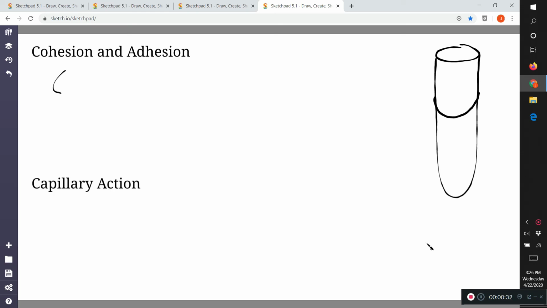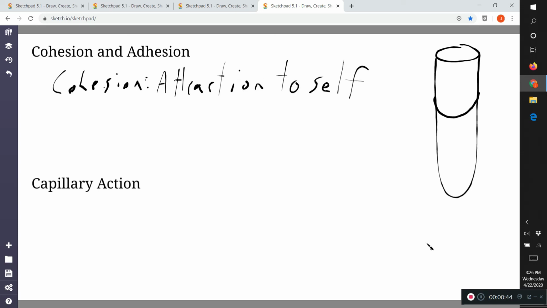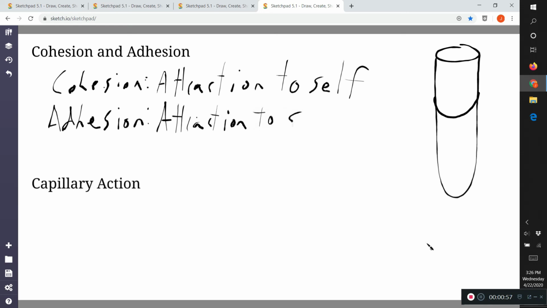So cohesion is kind of the attractive force to itself, attraction to self. So the cohesion of water would be the attraction of water molecules to other water molecules. Adhesion is the attraction to something else. So, for instance, that could be the water's attraction to the glass.